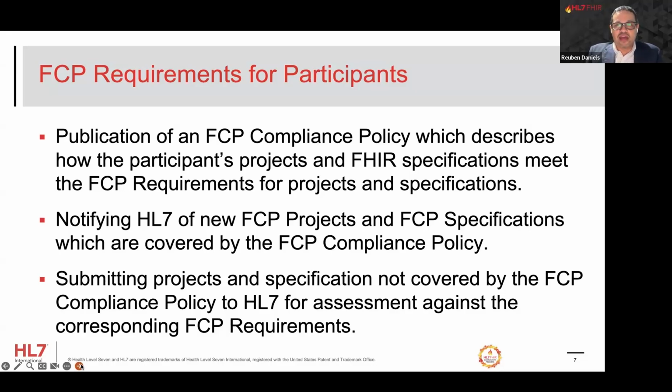So as an example of that, the compliance policy might state default settings and best practices like versioning schemes or the way community will be consulted, which apply for most of their specifications, and on occasion they may need to deviate from that policy. And in those cases, they can separately submit those deviating projects or specifications to HL7 for assessment, and that way they can again be covered by the FCP.